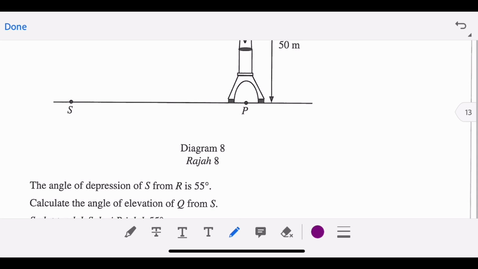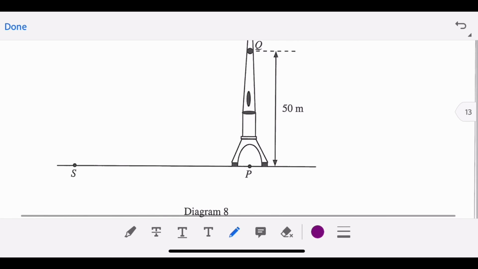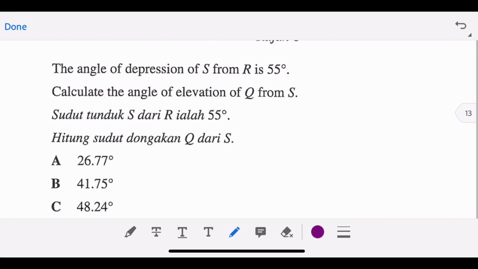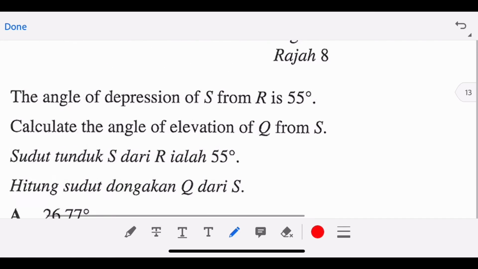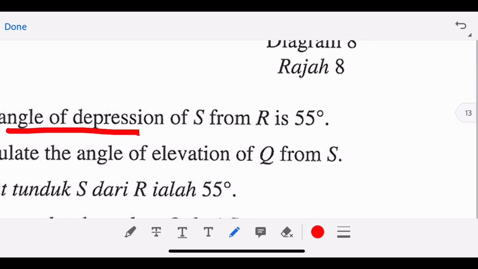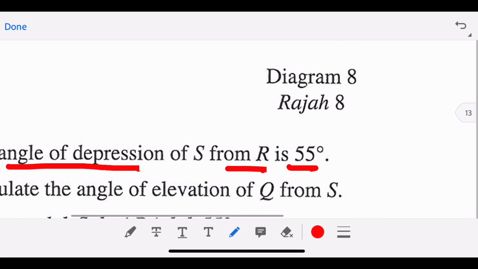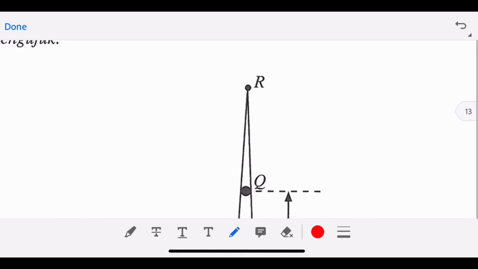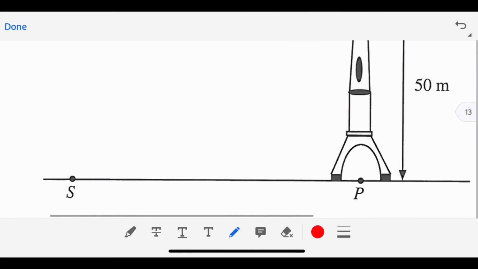I'm sure you learned it before. It actually combines depression and elevation sometimes. The angle of depression of S from R, the word from is very important, is 55 degrees. We always start with the from. From R we draw a line like this.